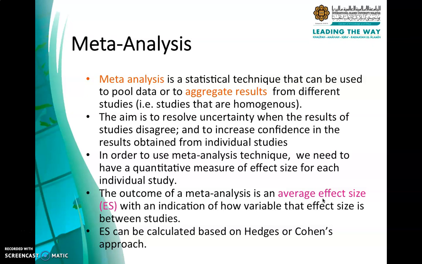That's why I said when you want to do a meta-analysis, you need a proper tool, for example the CMA, Comprehensive Meta-Analysis software tool, or MIX. There are a number of tools that people have developed to calculate or measure the effect size in meta-analysis.